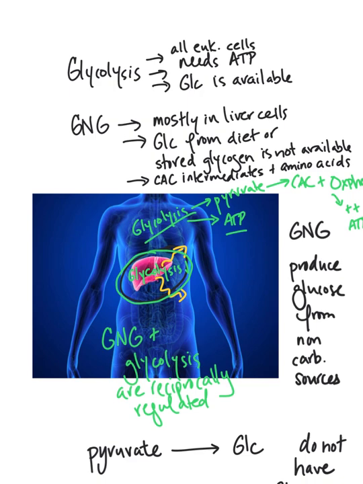Remember, you have to end up with a 6-carbon sugar to get your glucose. Where are those carbons coming from? And so your amino acids will be converted into pyruvate, for example, to feed into gluconeogenesis.